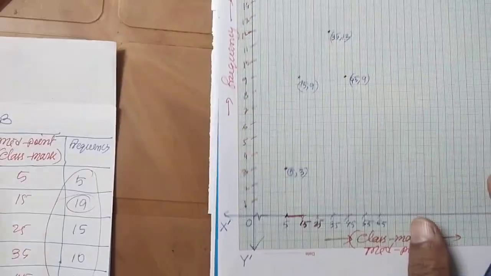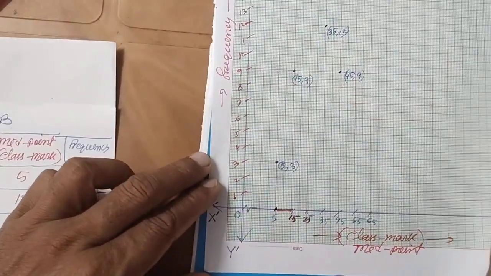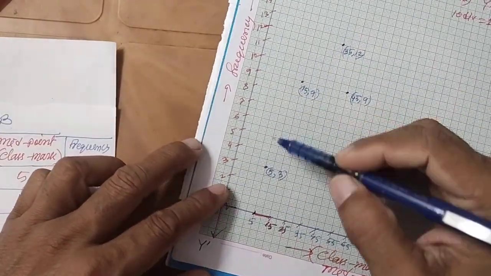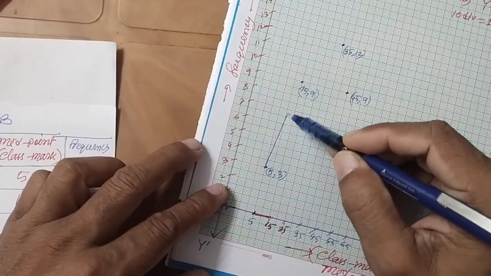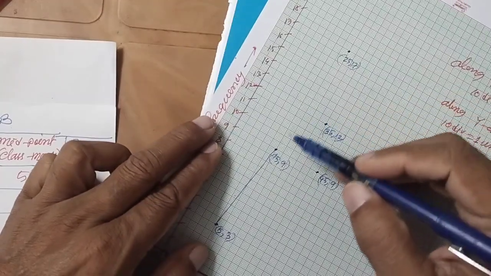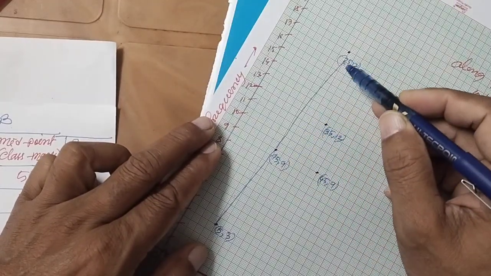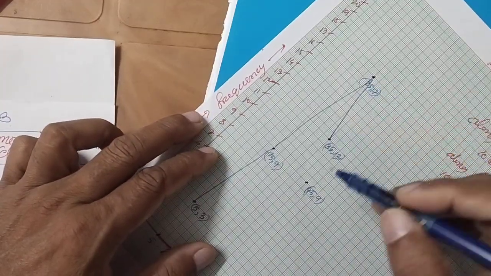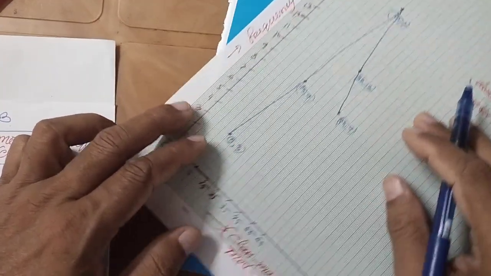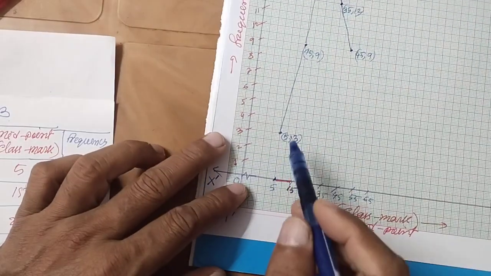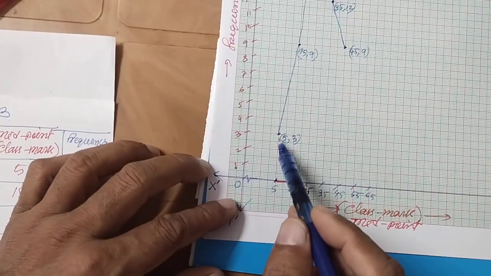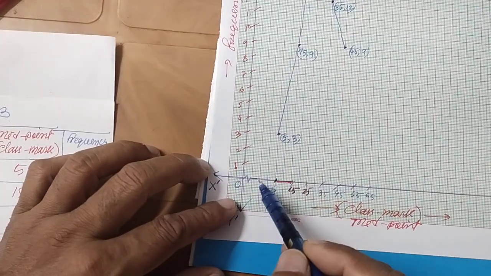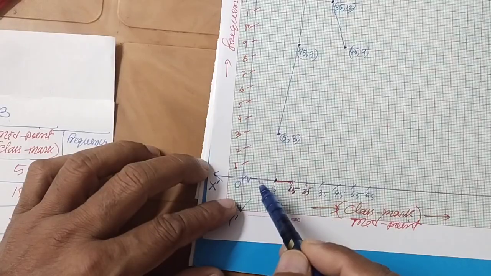Now we can join with a scale every two consecutive points. First two points with scale, then next, join with scale, and again join with scale. Then the first point you will join to the previous mark.